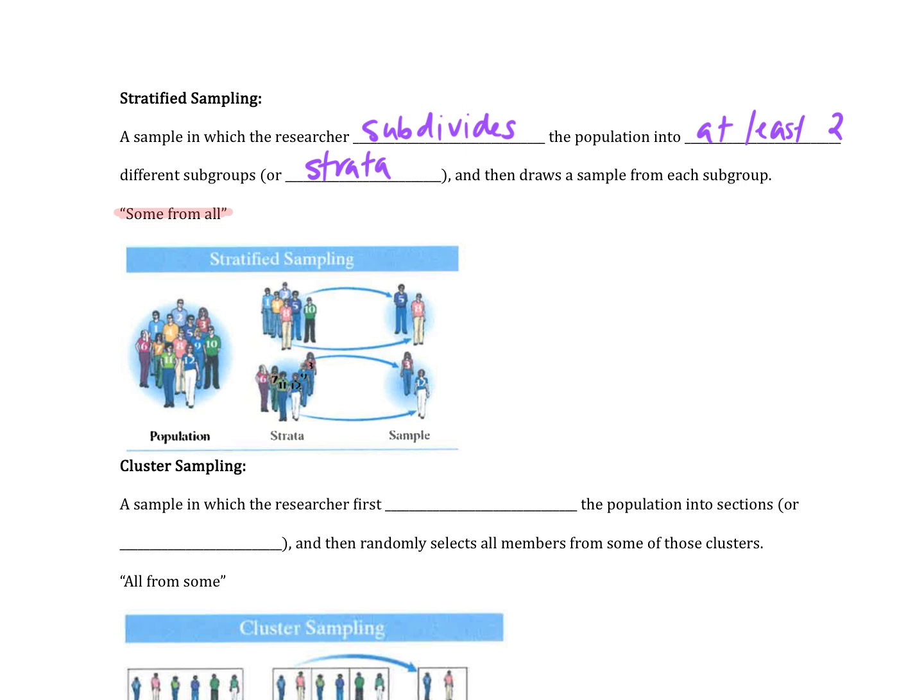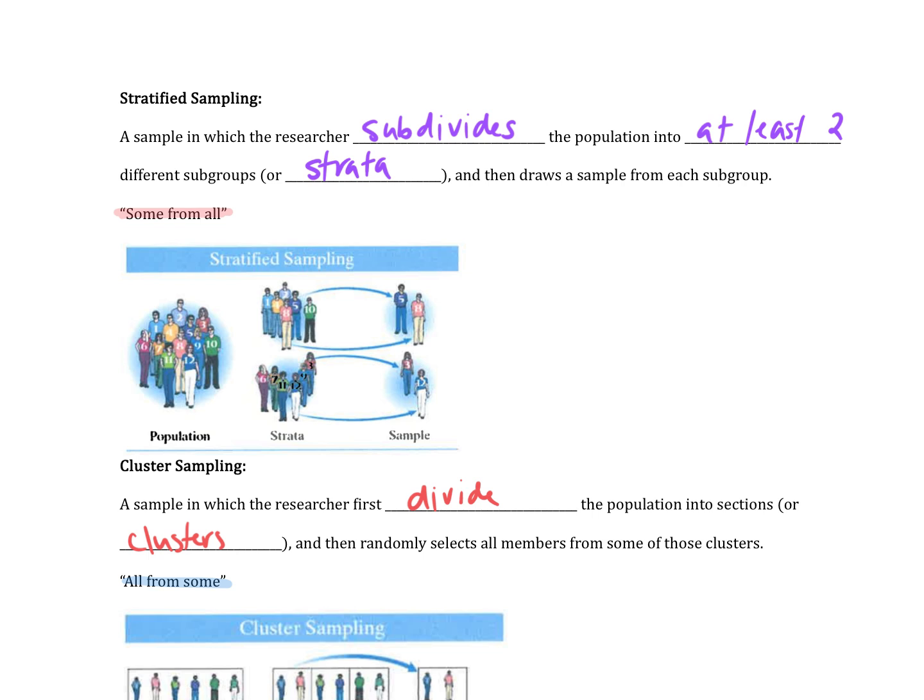Cluster sampling, on the other hand, is you first divide the population into sections or clusters and then randomly select all members from those clusters. So again, that one is all from some. So again, I divide y'all into 4 equal groups based off of your birthday, and I'm going to take everyone from the second group and pull them.